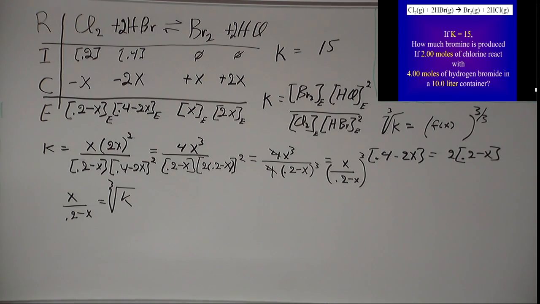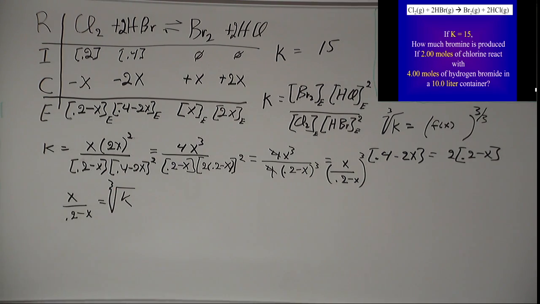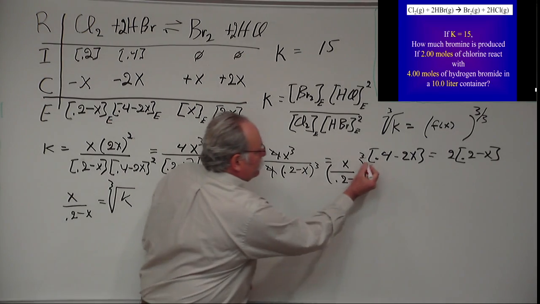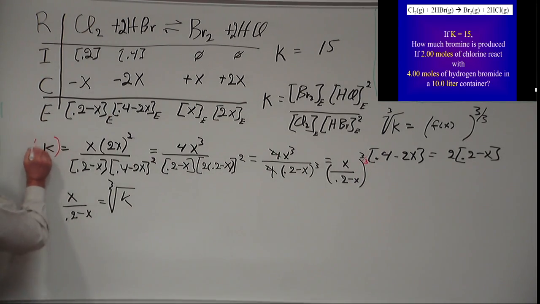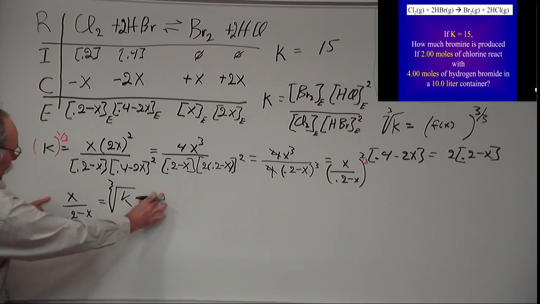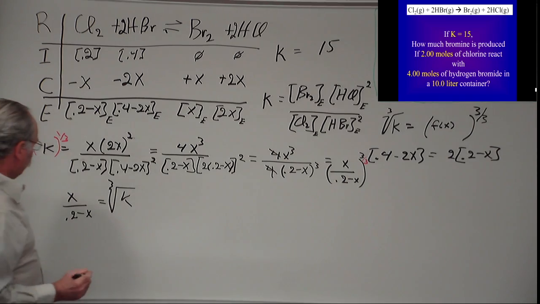Now does everybody see what I did? What I did is I took this to the power of 1/3, and I took this to the power of 1/3, recognizing that 1/3 is the cube root. Now I can multiply both sides by (0.2 minus x) because I want to collect all the x's on one side.